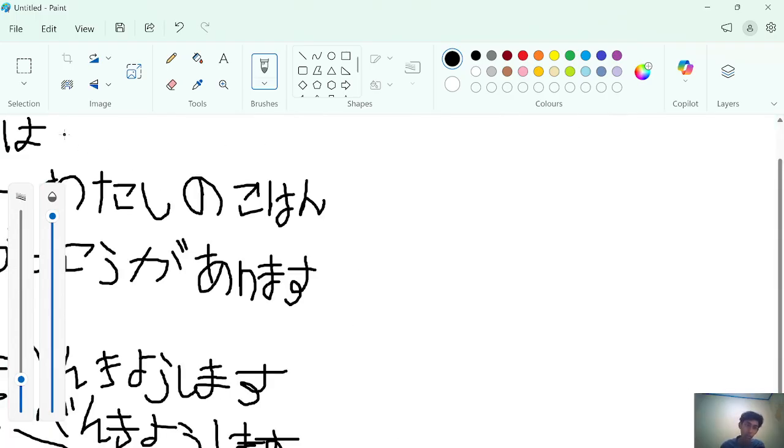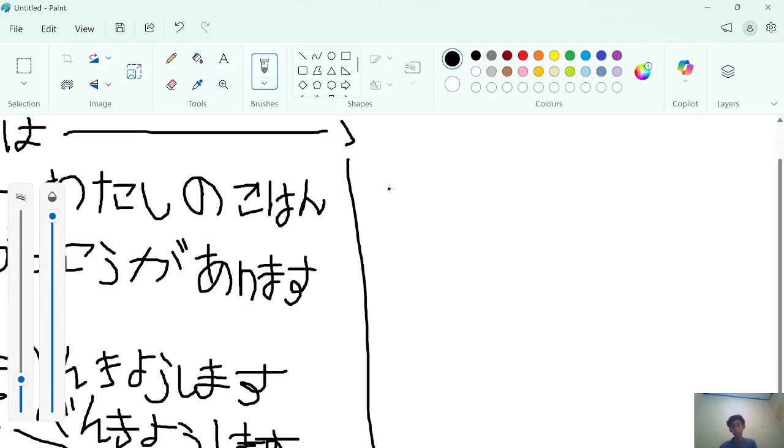And the next one we have wa. So wa particle is used when you mark a topic. For example, the topic is subject. So subject is like me or you or someone's name.